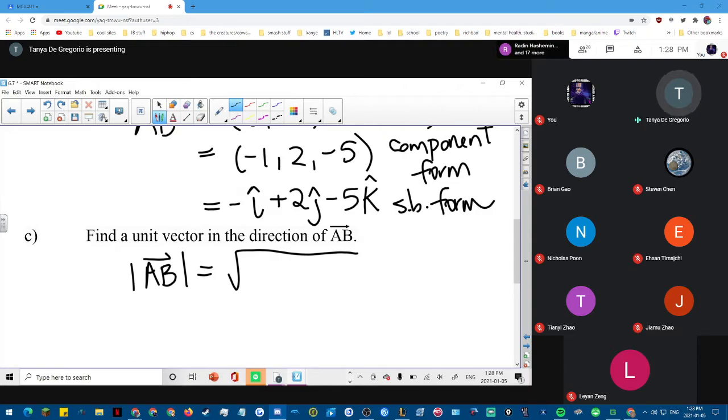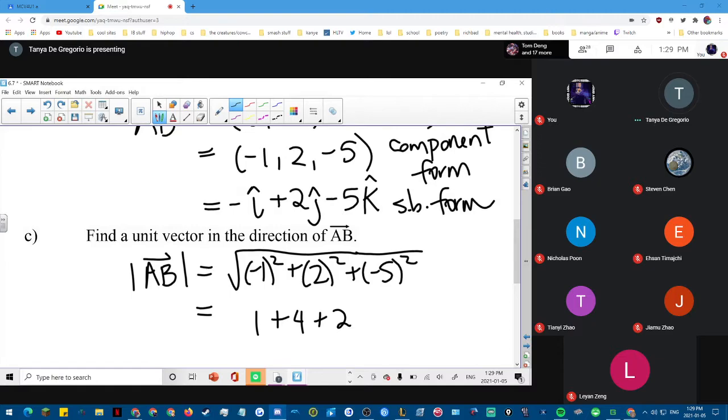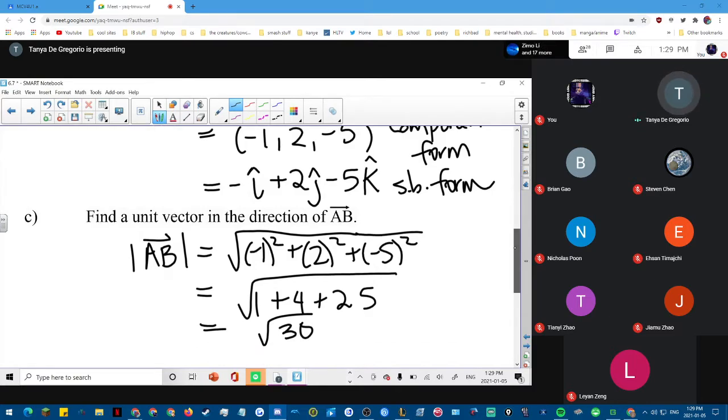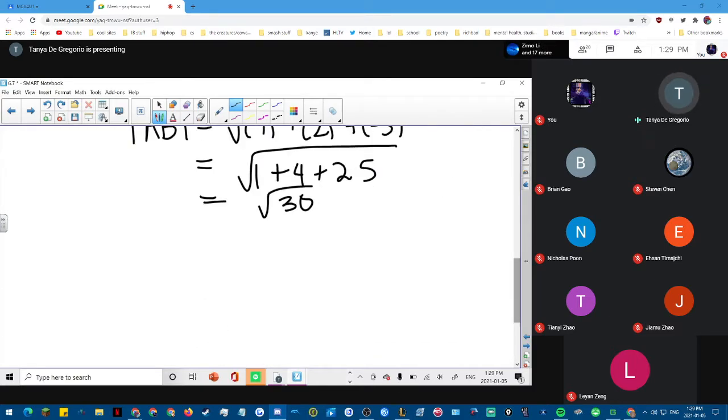And so now we take the components squared and we add them together. And so the magnitude of vector AB is root 30.